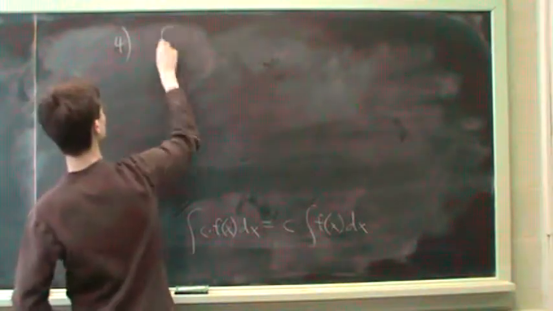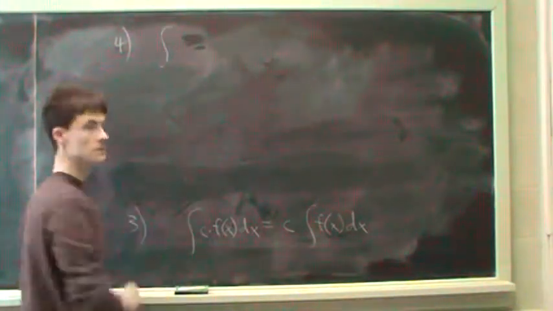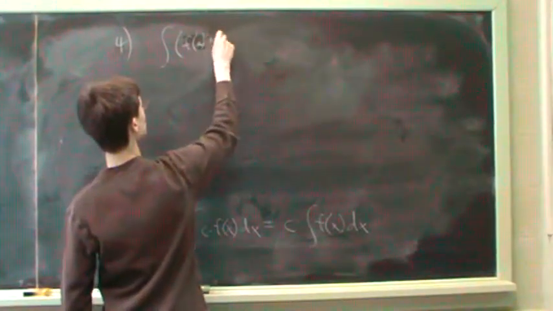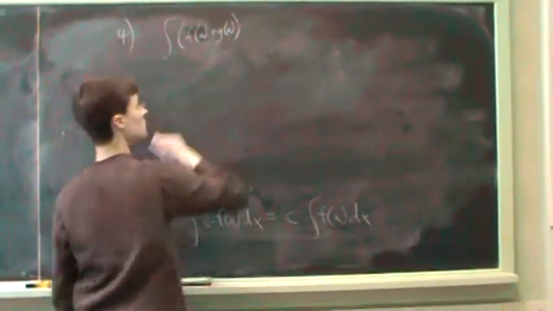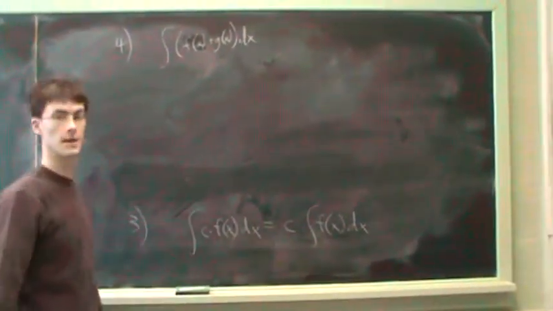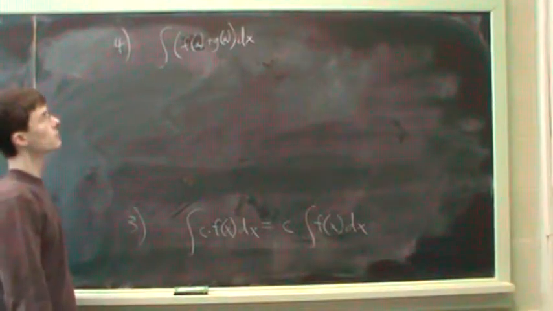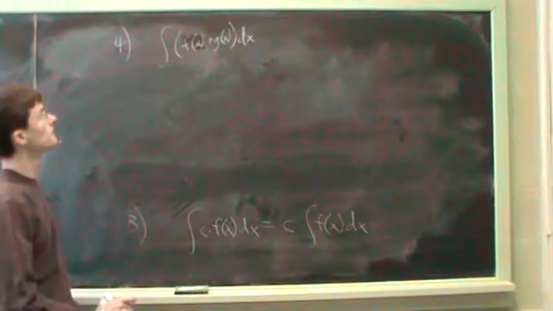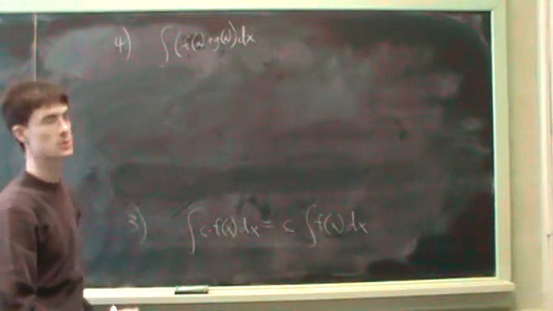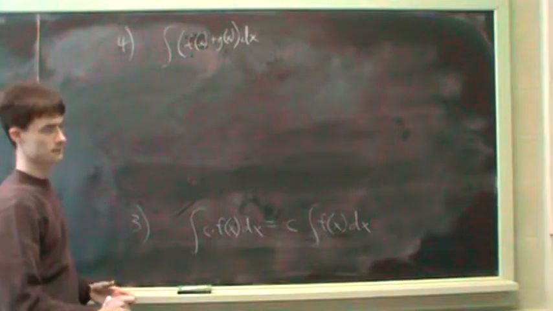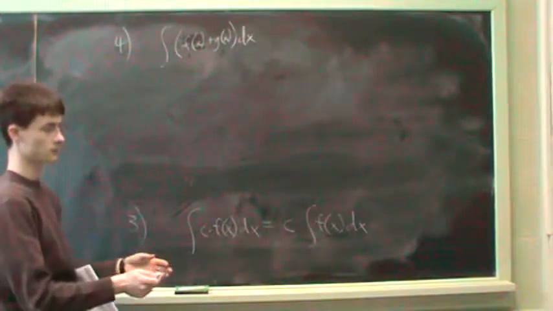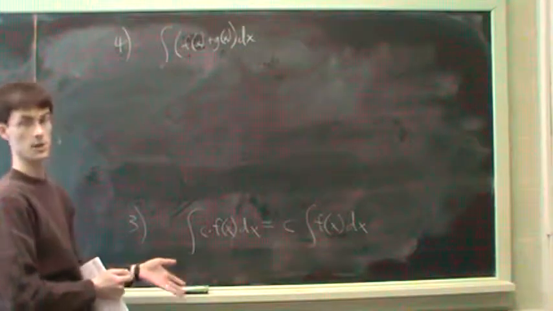Now, what about the integral of the sum or difference of two functions? So if we were trying to take two functions, f and g, and we add them, and we want to find their antiderivative, what will it be? Well, if we had an antiderivative for f, and we had an antiderivative for g, and we added them, then we would get a function whose derivative would be f plus g.